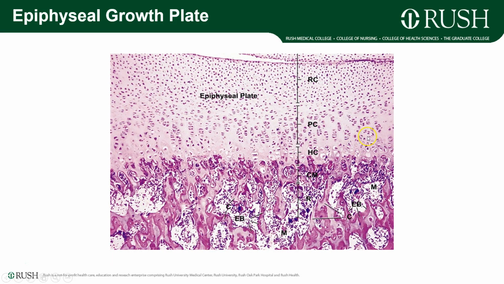So this is a histological view of what you just saw, and again you can see this resting area here, the proliferative area here, and you can see this stacking up of chondrocytes in nicely arranged columns, and then hypertrophy here, calcified matrix here, and then eventually resorption and formation of cartilage into bone, or true endochondral bone formation.